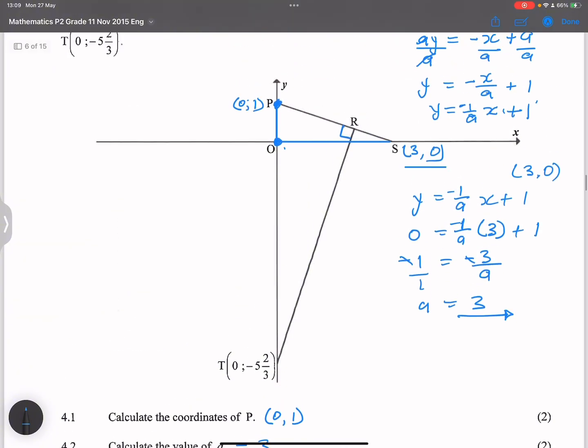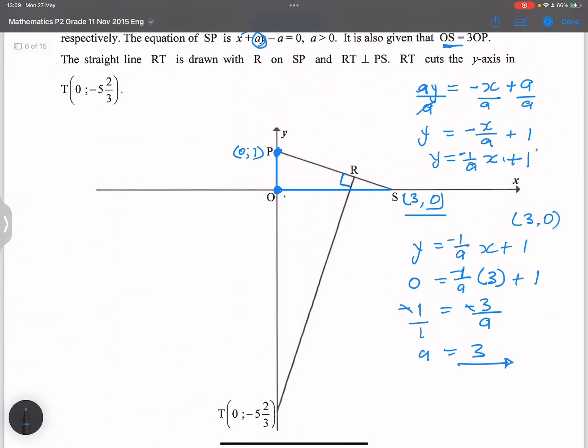Now, remember, RT is perpendicular to SP, right? So that means that their gradients, let's say the gradient of SP multiplied by the gradient of RT is equal to negative 1, right?